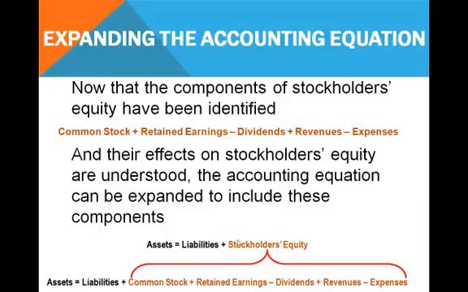So all I'm doing here is we're taking stockholders' equity and we're inserting these components. You can see that stockholders' equity is decreased by dividends and decreased by expenses. That's important to note. That means their normal balances are going to be different. They're going to be increased in a different way. Those two are increased by debits, whereas other things in the equity section, common stock, retained earnings, and revenues, are going to be increased by credits.